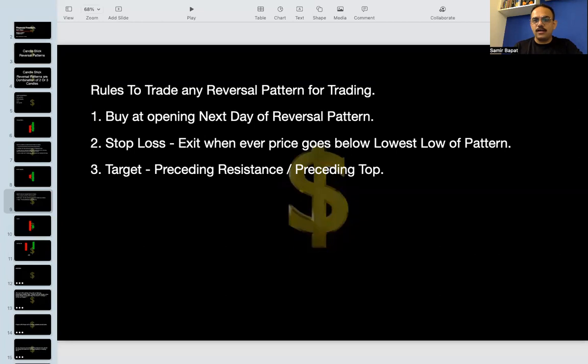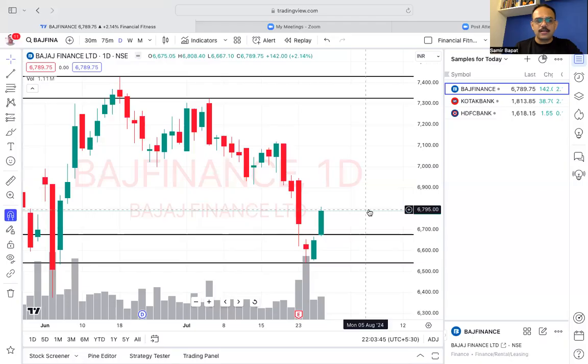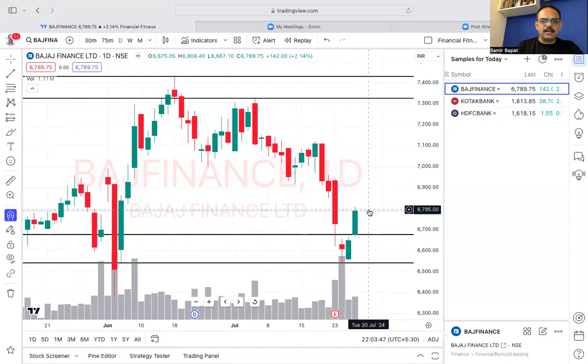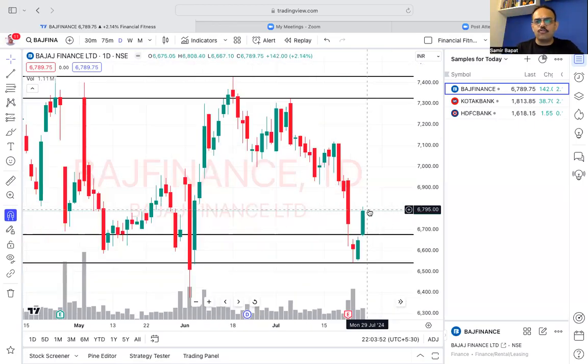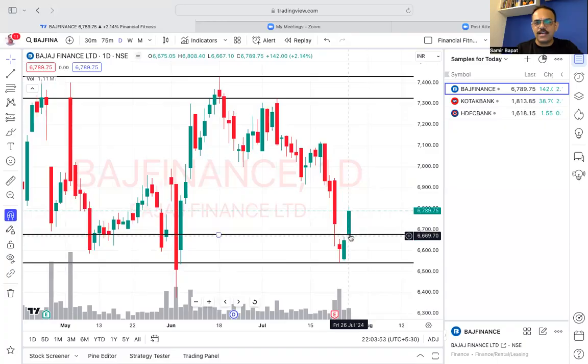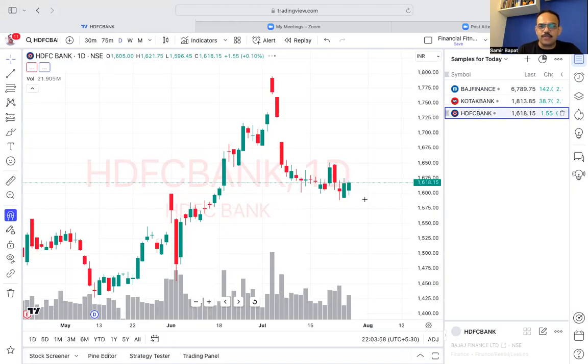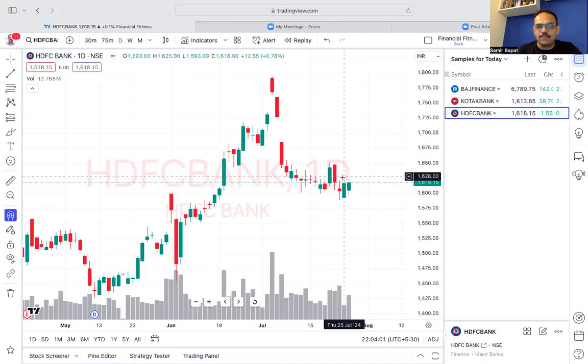Sunny sir, again the confusion is whether the third day's candle has to be established as having grown higher, or can we take it on the opening if we want. To confirm, if it is opening up, that is a good sign. Like in the case of HDFC Bank, if it has still not crossed the previous one, you can wait for it to cross above this high.